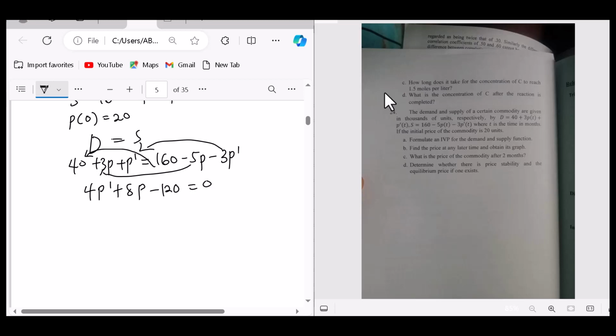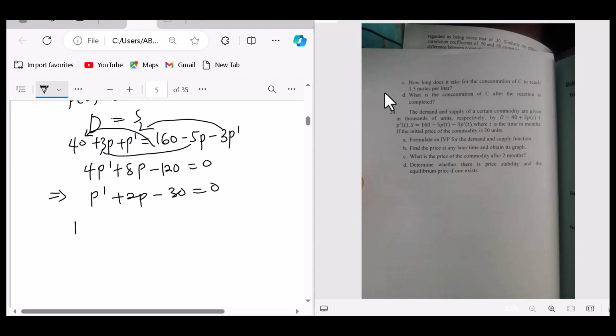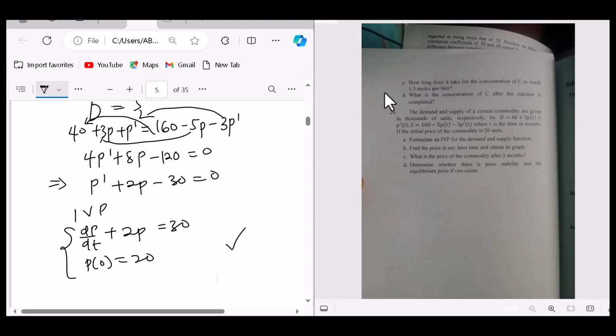So we have this, which we can reduce: P prime plus 2P minus 30 equals 0. And then we can write our IVP. Our IVP will have dP/dt plus 2P equals 30, and P of 0 is equal to 20. This will give you some marks.